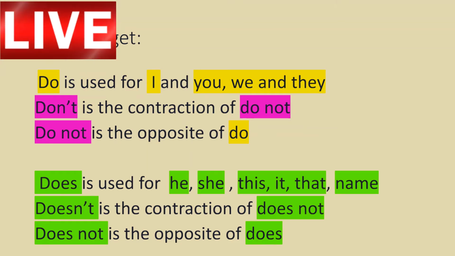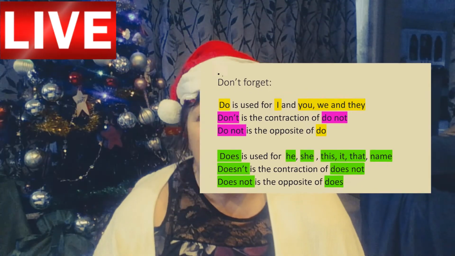For does, it is used for he, she, this, it, that, or a name like Jane, and doesn't is the contraction of does not. Does not is the opposite or negative of does.